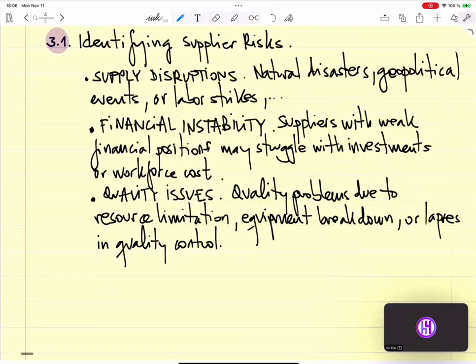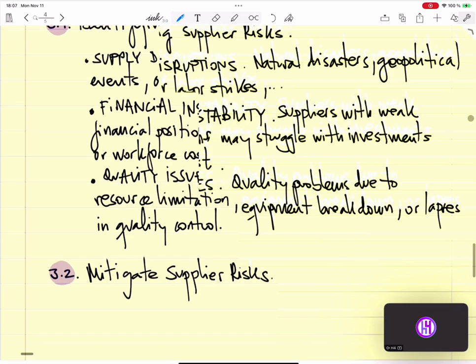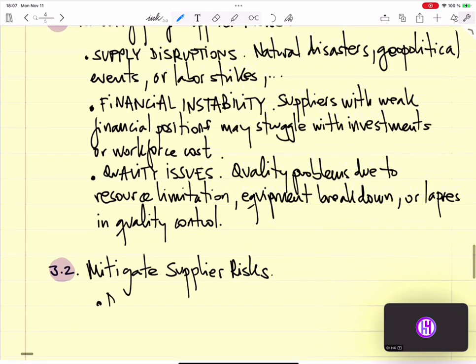So once you have identified these risks, you want to mitigate them. Okay, mitigate supply risk. So what can you do? You can diversify suppliers.